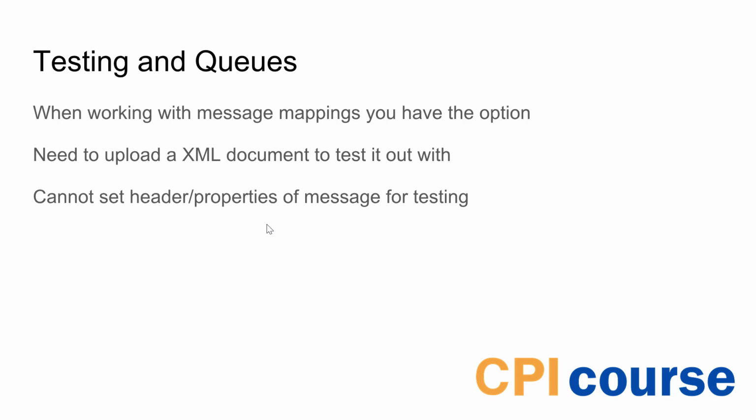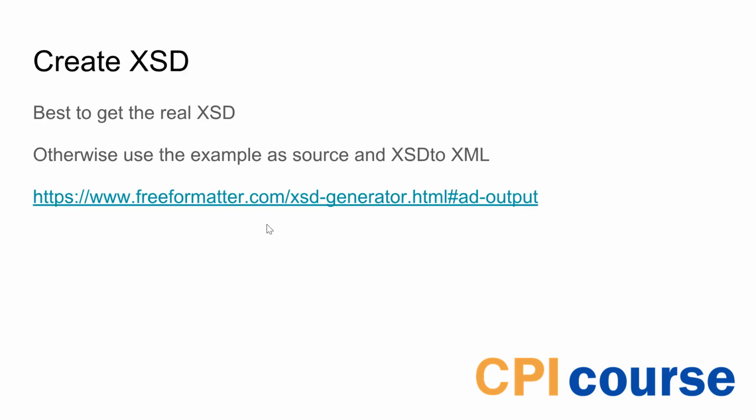And I also saw that in the PI world you don't need to specify an input. In this one, you need to specify an input parameter for the message. Otherwise, it doesn't understand that. You need to have an XSD for this to work.